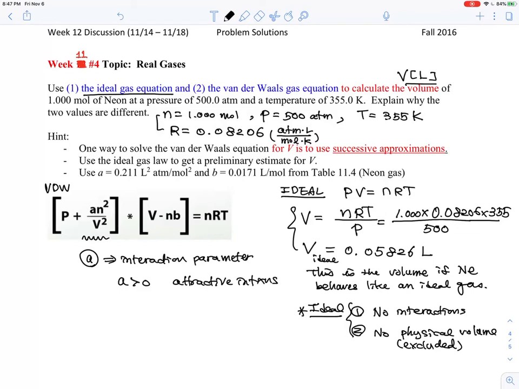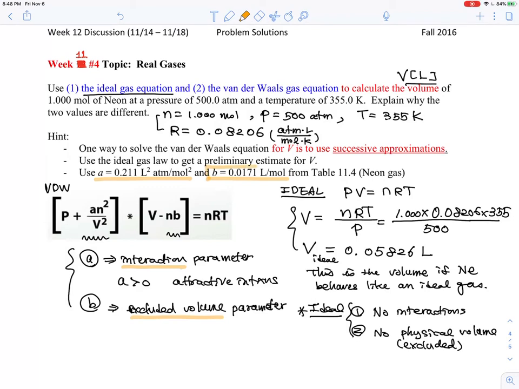And the B you see here is a volume correction, the excluded volume correction parameter. It offers the gas the meaning that yes, it can have an interaction, and it can have a certain physical volume.